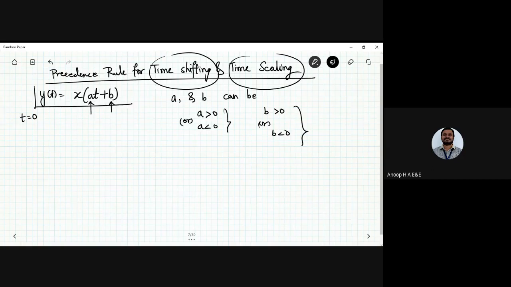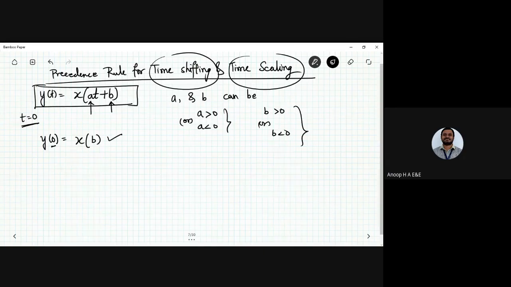So y of t, if I want to write it, would be given in the format x of at plus b. Let me take t equal to 0, y of 0 there. So x of, yes, that is b. That is what we mean by the signal at t equal to 0. So y of 0 would be equal to x of b.